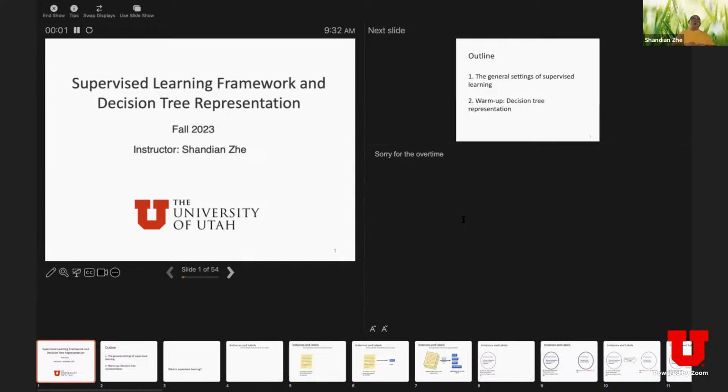So in practice, we'll always need to construct a feature representation of all the instances we're interested to classify or regress. This procedure is called feature engineering. For example, given a picture, which may be 256 by 256, there are so many pixels.